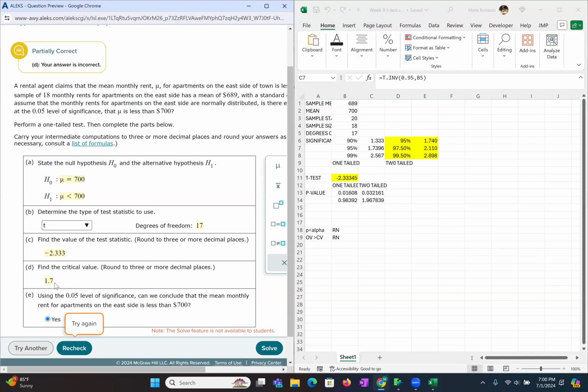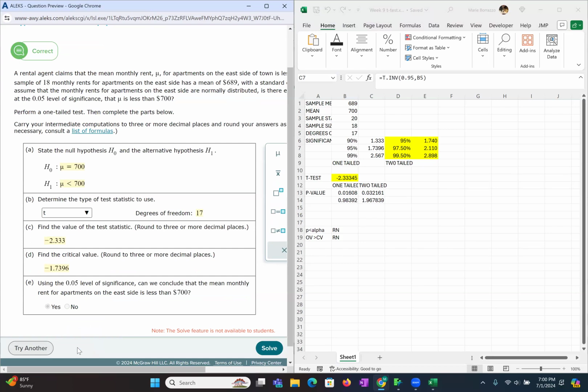Maybe it'll like it better. Let's see. No. Find the critical value. Is it negative? Oh, could it be negative? Yes, it could. That's it.